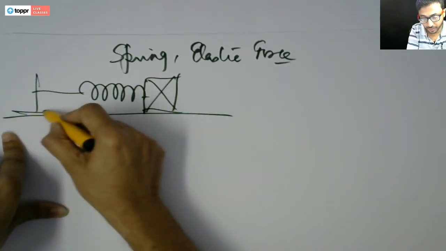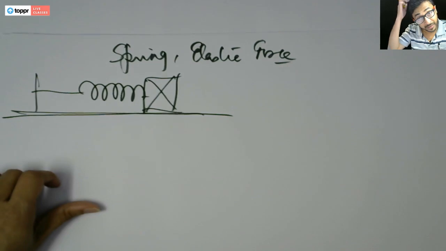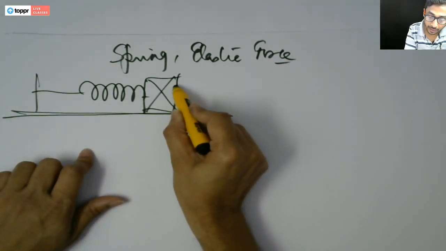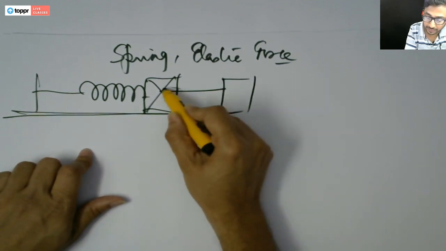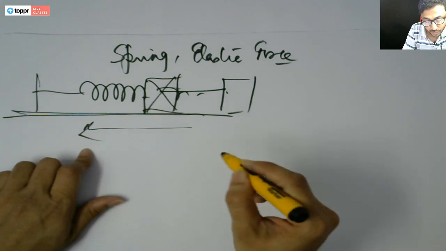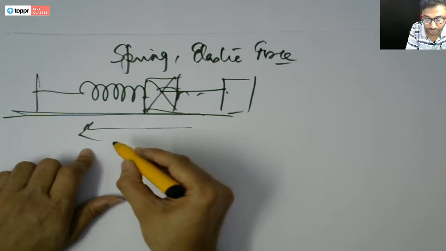We will try to find out what is the work done in a spring. In a spring, when we stretch the spring, there is a force which is generated within the spring, which is called the restoring force.